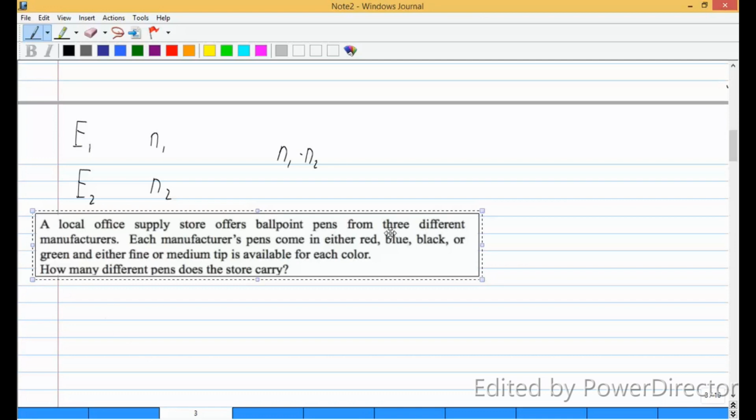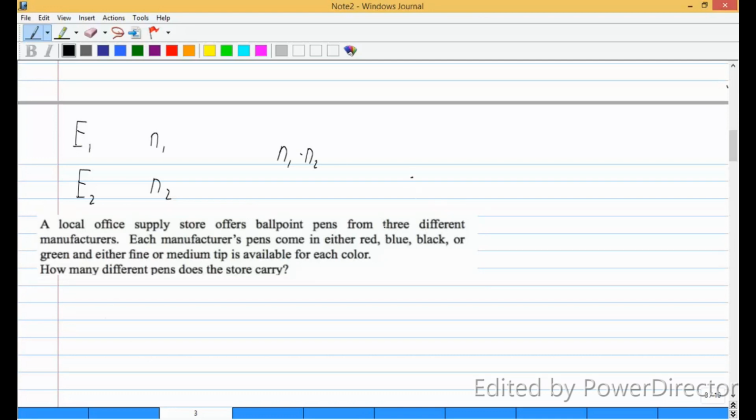So 3 manufacturers, and then each pen comes in red, blue, black, or green, and then each tip is either fine or medium. So we have 3 manufacturers.